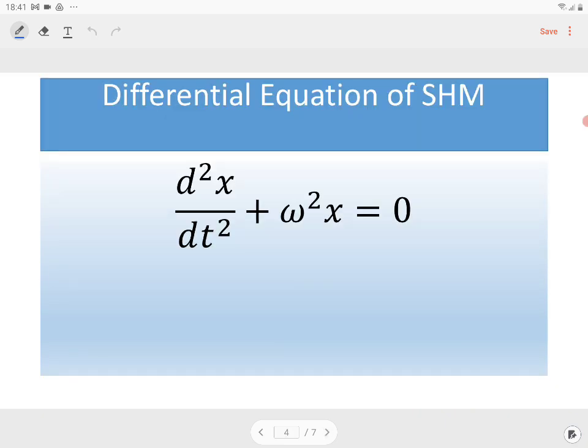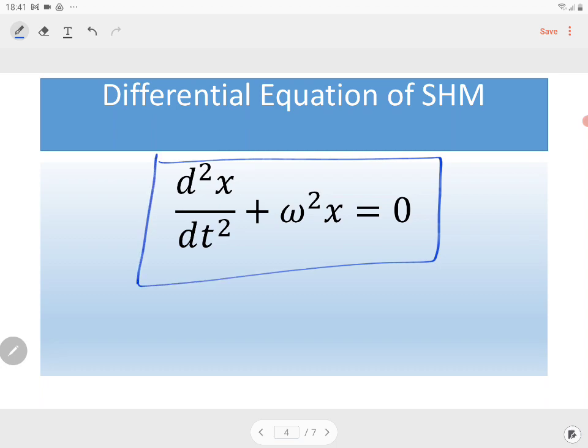Now, what is the differential equation of SHM? This is the formula for the differential equation of SHM. How do we get it? Just now we have seen A is equal to minus k by m into x. A is nothing but d square x divided by dt square. So I bring the minus k by m into x to this side: d square x by dt square plus k by m into x equal to 0.